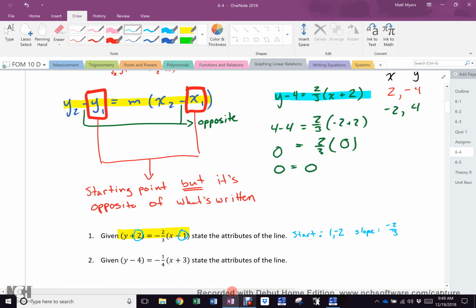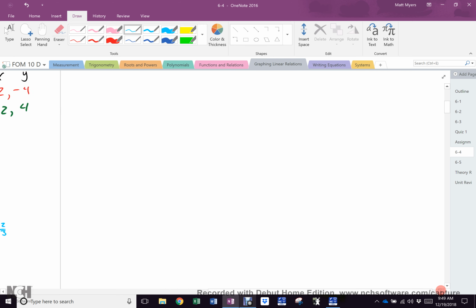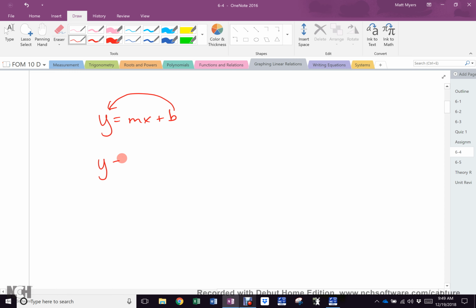Now, don't write this down, but look closely. Bring that over there. What is the value of B? It's the y-intercept, yes? What are its coordinates?